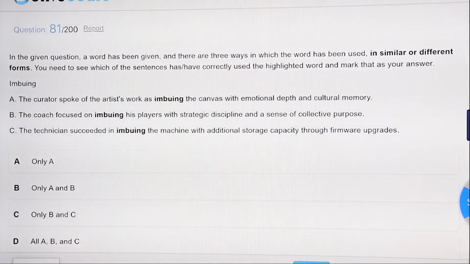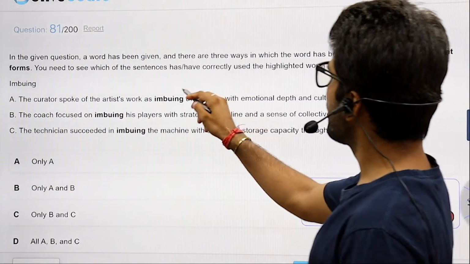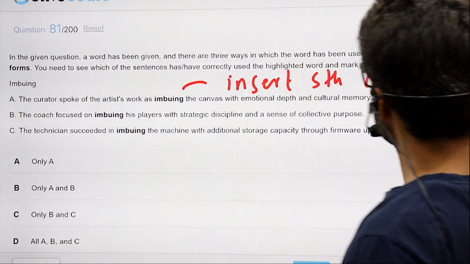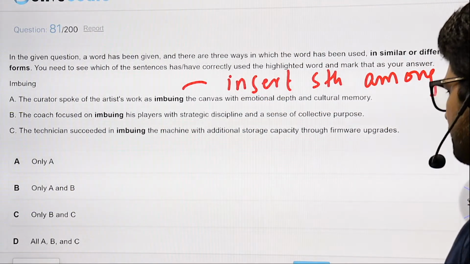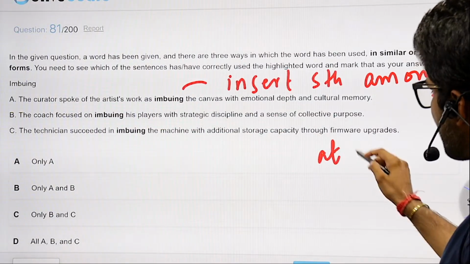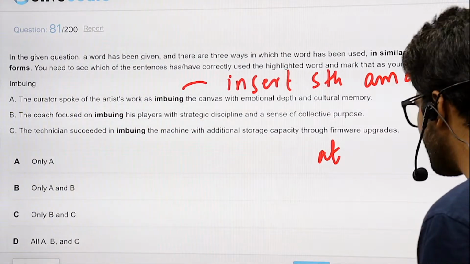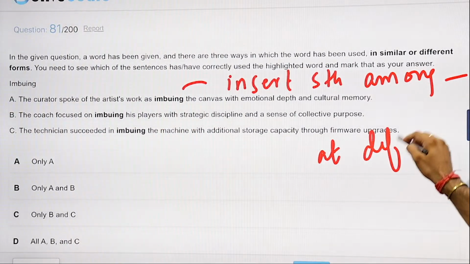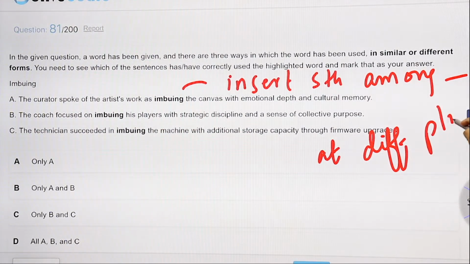The meaning of the word imbue is to insert something among the other things at different intervals, at irregular intervals, at different places, here, there, and such. Starting with the first one.